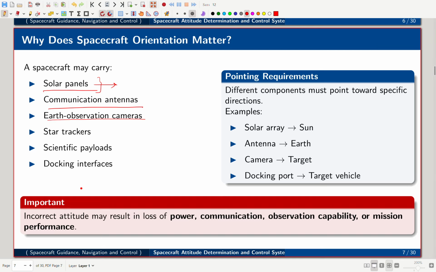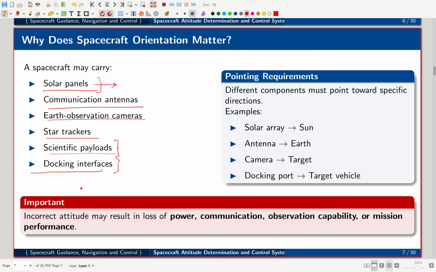Communication antennas, earth observation cameras, star trackers, and scientific payloads. For scientific payloads, like earth observation, the orientation must be towards the earth, so orientation correction is needed. Docking interfaces we will discuss later. This is also one complex application that is evolving nowadays, and we are working on this part.